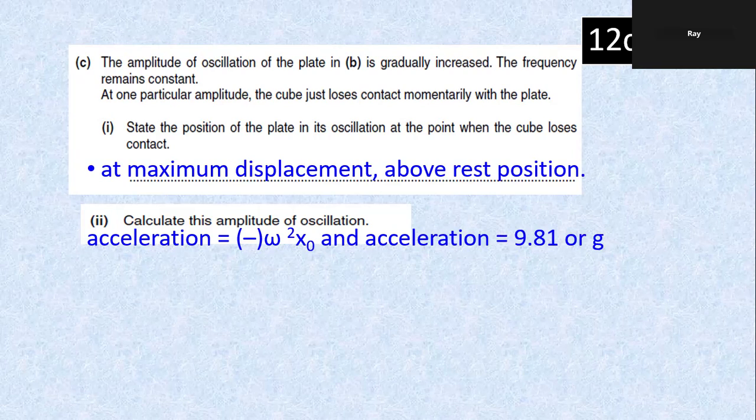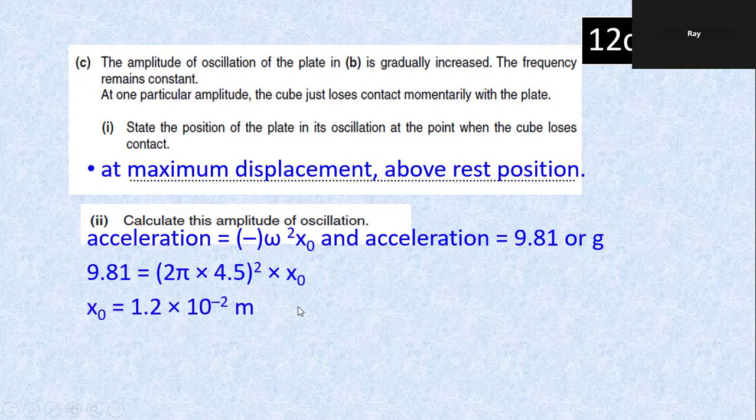Where g is 9.81, and then acceleration is 9.81 and 2 pi, right? Omega is 2 pi f, frequency is 4.5, and then x naught. Calculate. That's where it starts to lose contact.